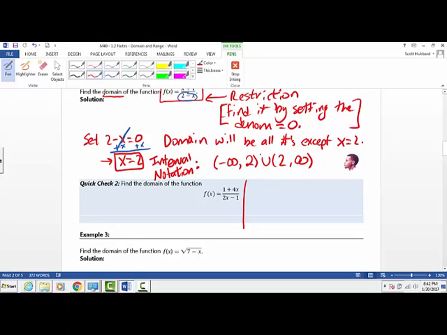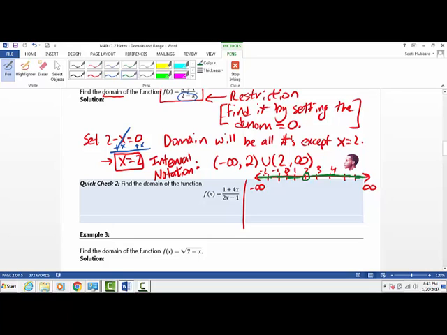If I plot this on the number line, remember, here's infinity, here's negative infinity. Say we have negative 1, 0, 1, 2, 3, 4, dot, dot, dot, goes on forever. If I want all numbers except 2, that means I start at 2. It has to be an open dot right here, and it has to go this way and this way.